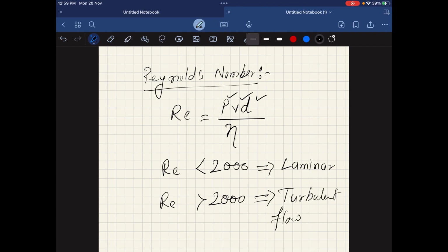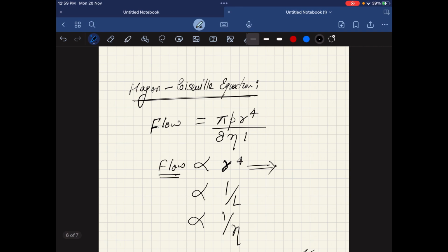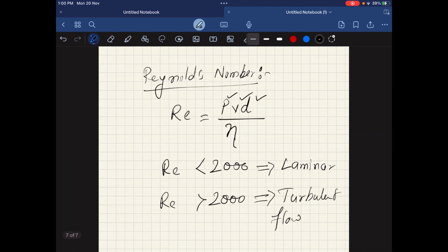So to just revise, Poiseuille's law says flow is directly proportional to the radius to the power 4, inversely proportional to the length and the viscosity of the fluid, while Reynolds number decides laminar or turbulent flow, and it increases with the density, velocity, and the diameter of the tube, while decreases with increase in the viscosity of fluid.